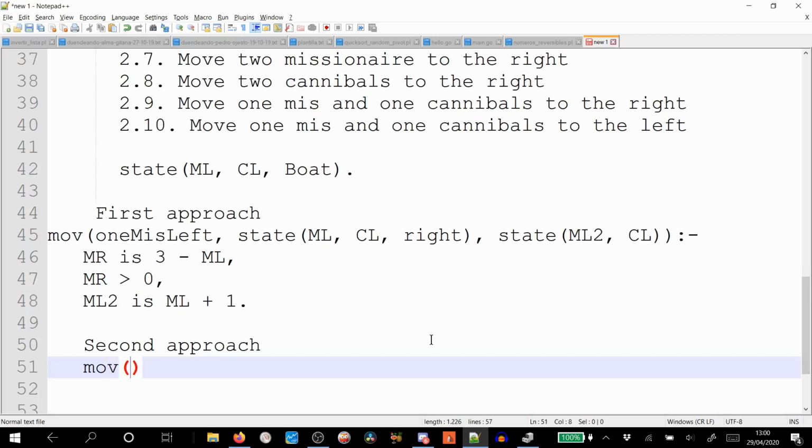What do you think if we make the movement and say, okay, move a number of missionaires, a number of cannibals, in which side? Either to the left or to the right?